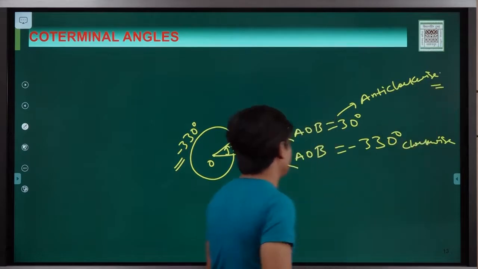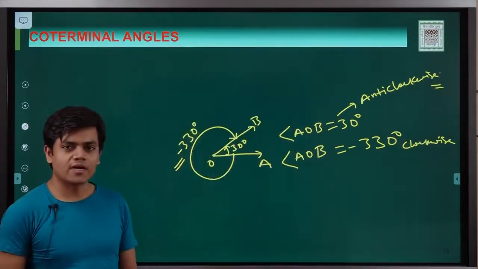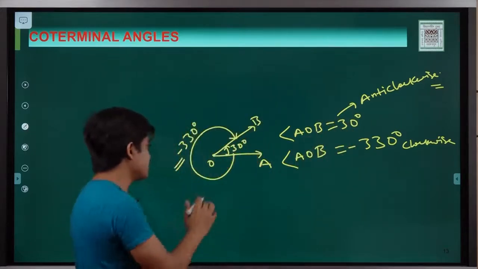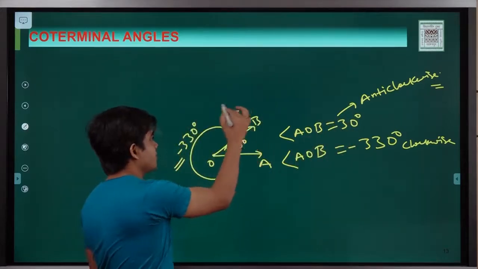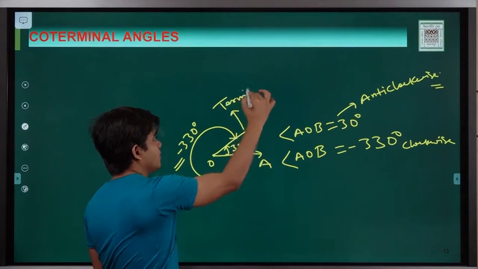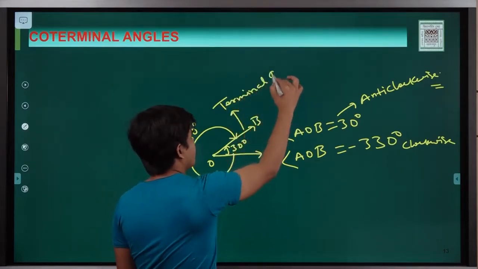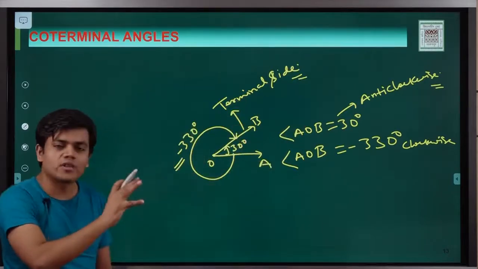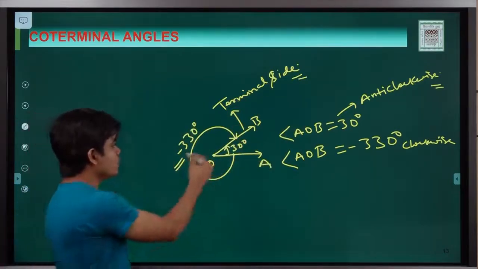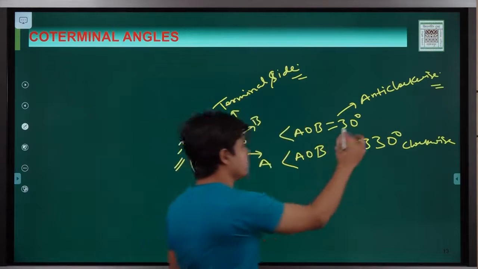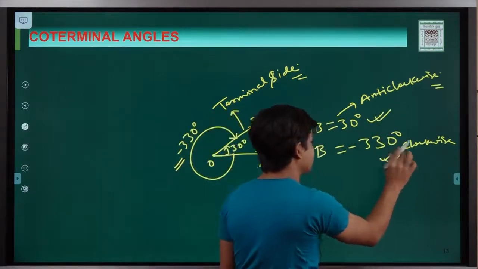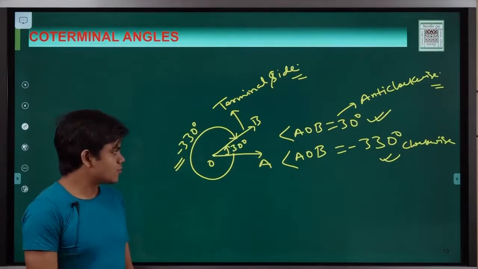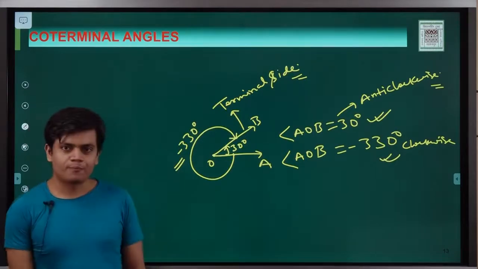So here we can see that in the clockwise and anti-clockwise sense, the terminal side of both angles is the same. Hence OB is the terminal side for this 30 degree angle and this minus 330 degree angle.